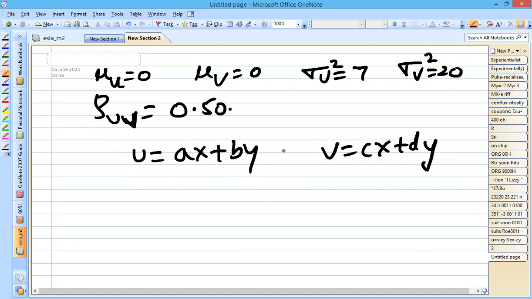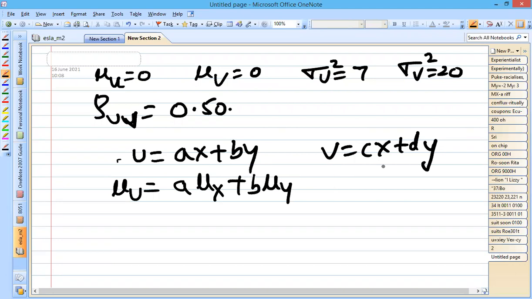After noting down this transformation function, take the expectation operation on both sides for both the equations. When you do that, expectation of u is nothing but the mean of the random variable u. So here I'll be directly writing the equation: mu u is equal to a, which is a constant, times expectation of x, which is nothing but mu x, plus b, a constant, times expectation of y, which is nothing but mu y.